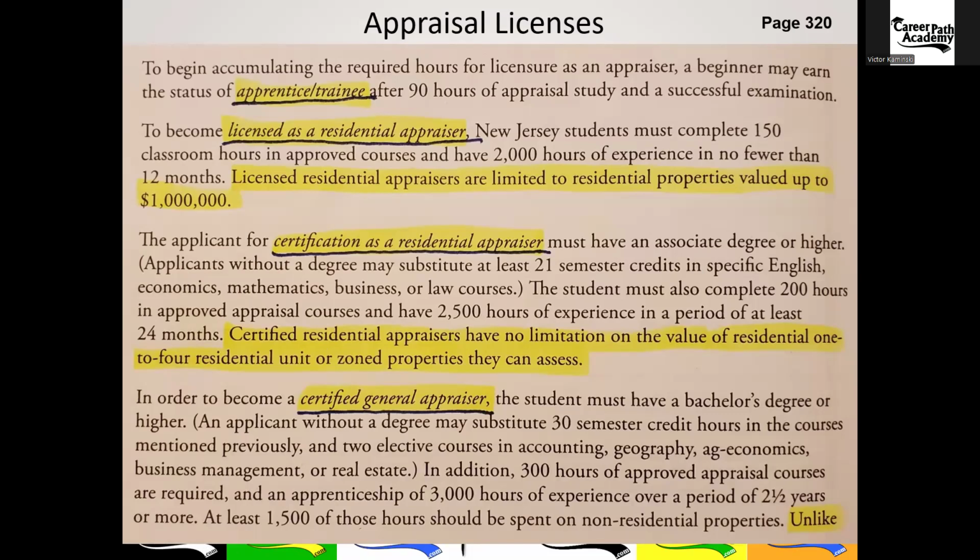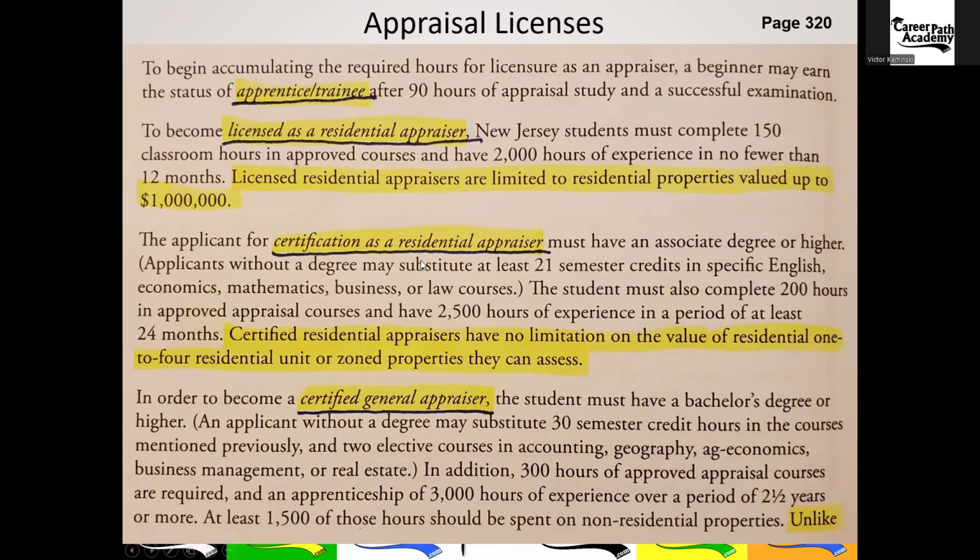But you could only appraise 1 to 4 family and single unit zone buildable lots. Anything else is considered commercial, and it would require a certified general appraiser to do those appraisals.